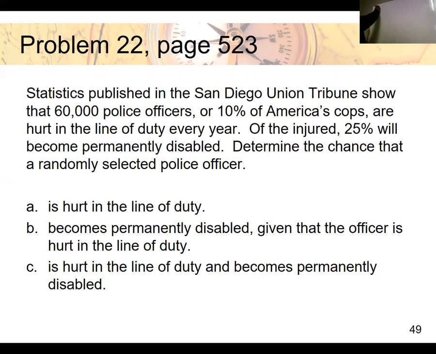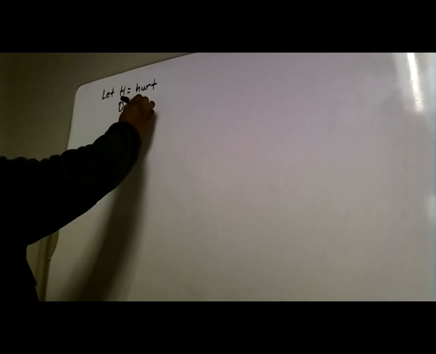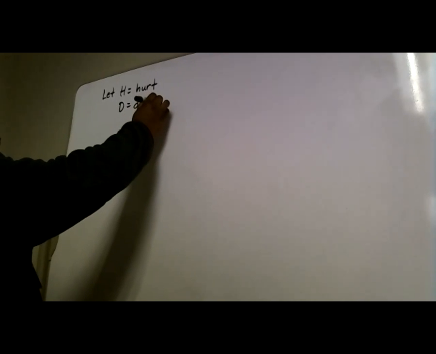I'm going to let H be the individual that's hurt. And then D would be those who are permanently disabled.